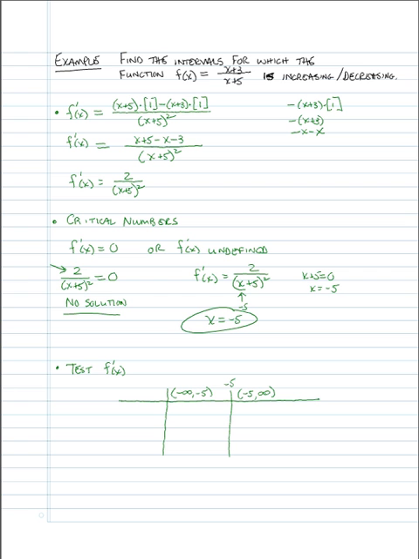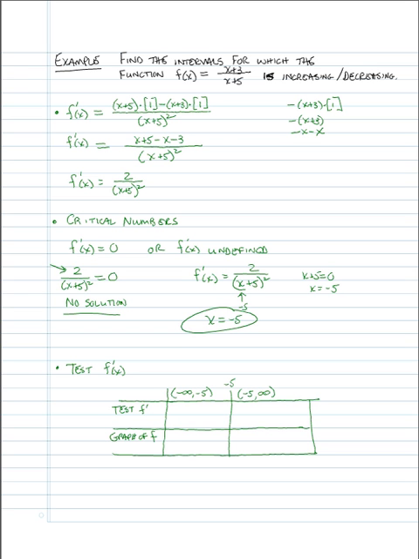Now we're really worried about testing f prime. I'm getting lazier and lazier. After we test f prime, then we know about the graph, not of f prime, but the graph of f. That's the whole purpose, we're trying to find out about the graph of f. So we need test values.